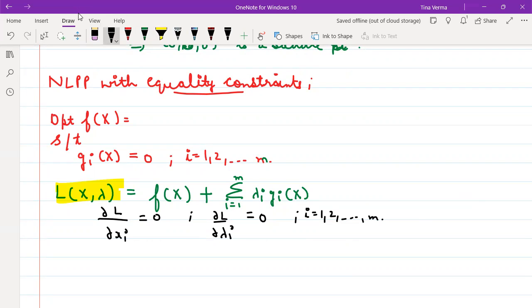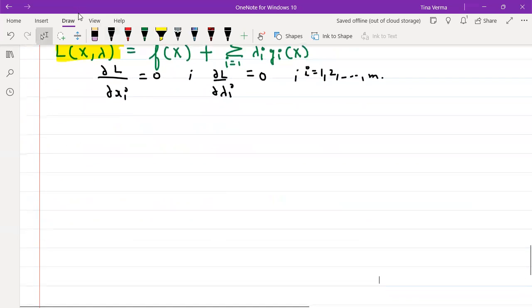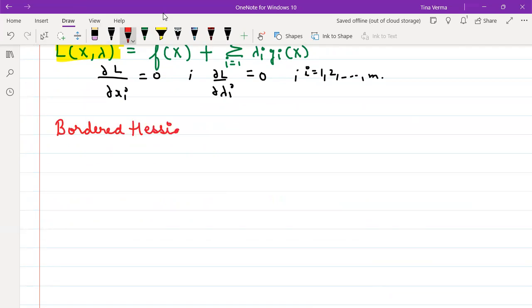वहां पे हमने Hessian matrix construct करी थी. Here we will construct the bordered Hessian matrix. And what will be that? This we denote by HP, and this is the null matrix, and this is your P matrix, and here you will have P transpose, and here you will have Q matrix.